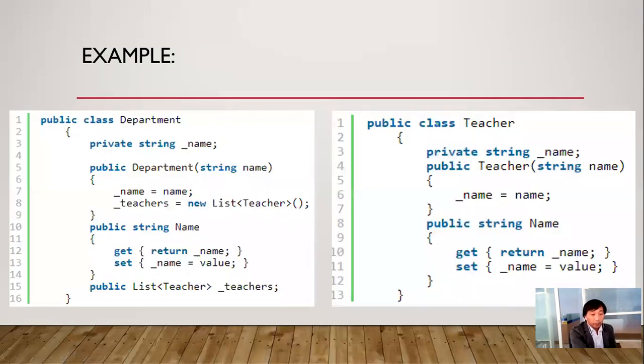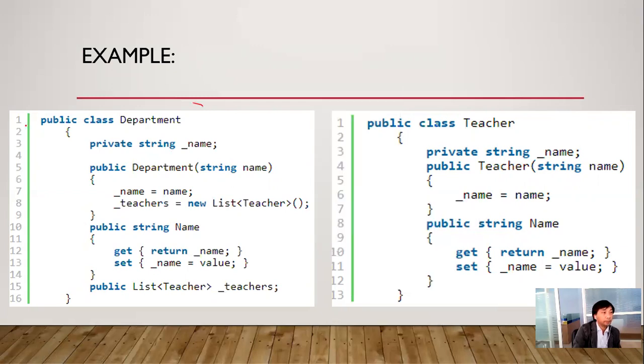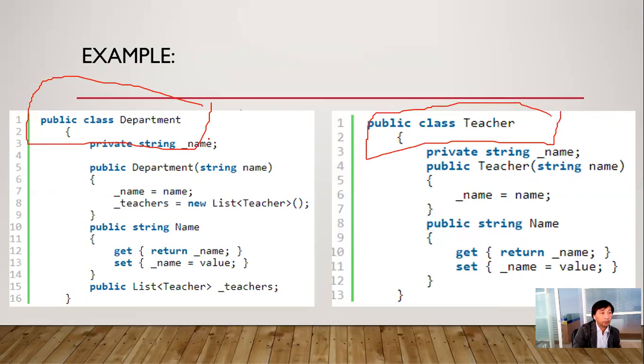The example of how to use this kind of relationship in programming code would be like this one. Department will become a parent, and the teacher will become a child. So the symbol would be like this one.